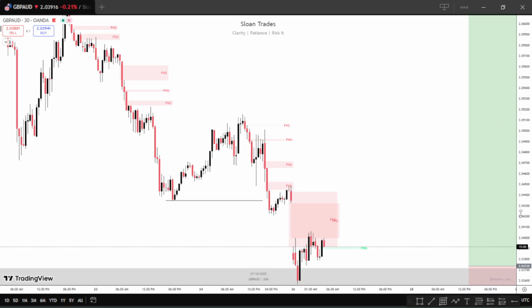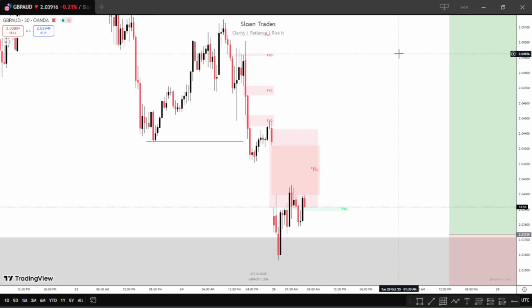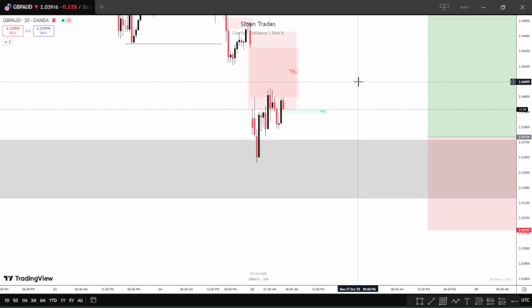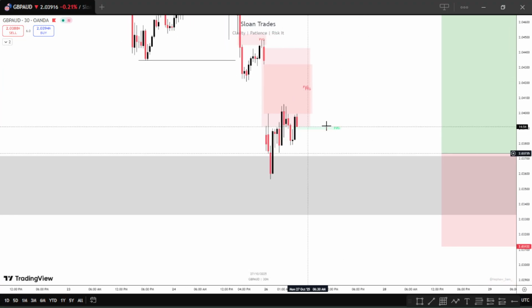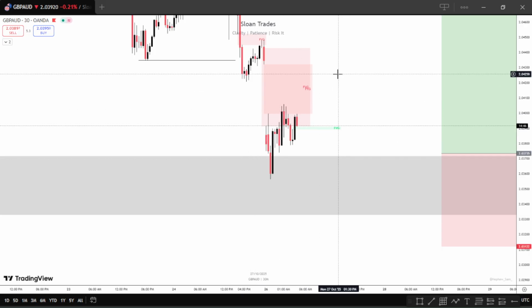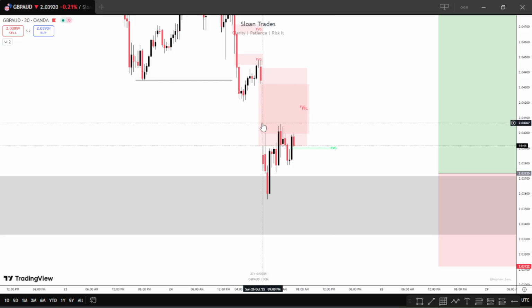So this is only 30 minutes, and what I'm going to be looking at in 30 minutes is for break of structure to the upside. I mean, change of character to the upside, of shifting market structure to the upside. It was basically confluences that can enable me to say, okay, yes, this market has shifted from sells to buys.